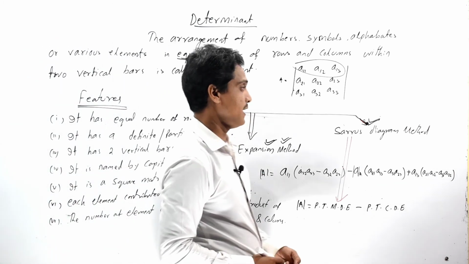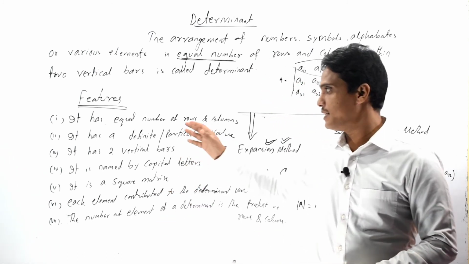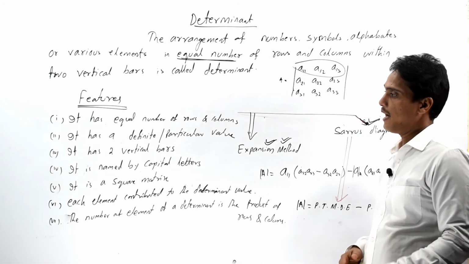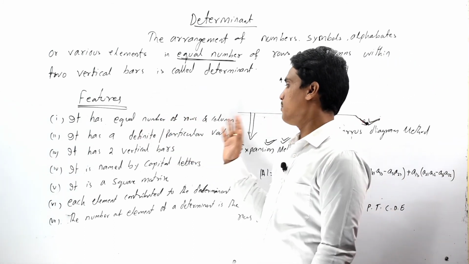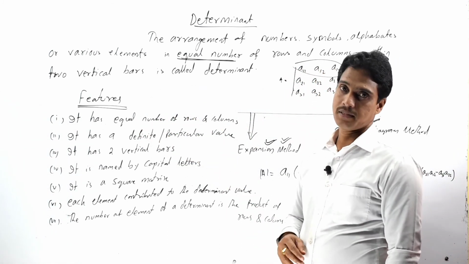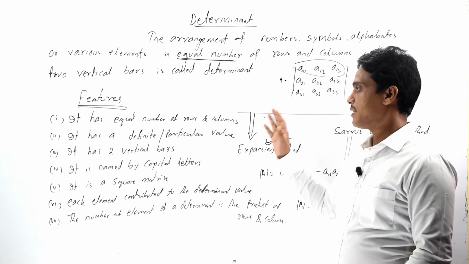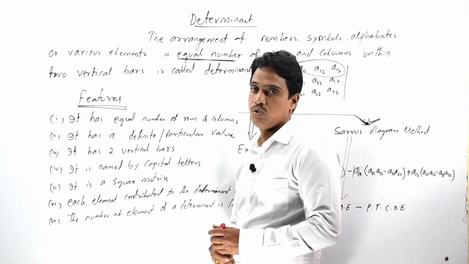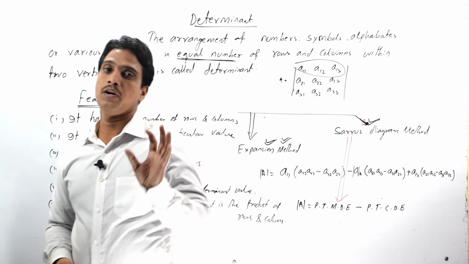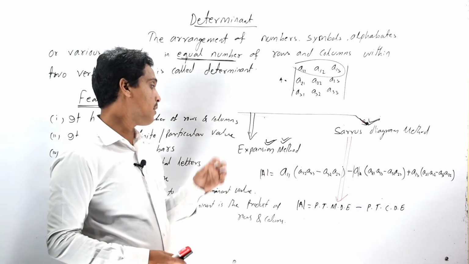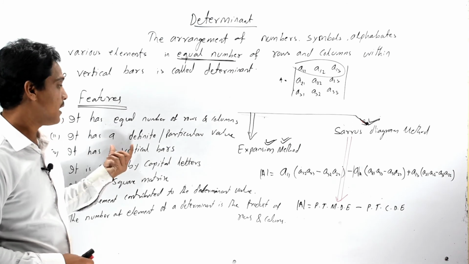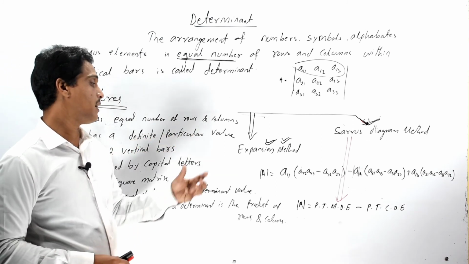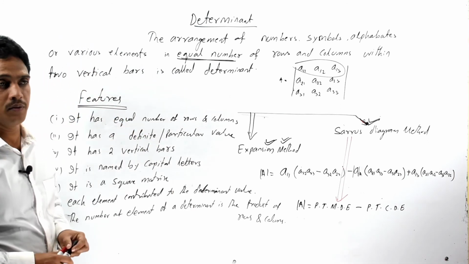So let's repeat again. The various features of our determinant are: it has an equal number of rows and columns. That means in each and every determinant, the number of rows must be equal to the number of columns. Our second feature is that it has a definite, particular numerical value.